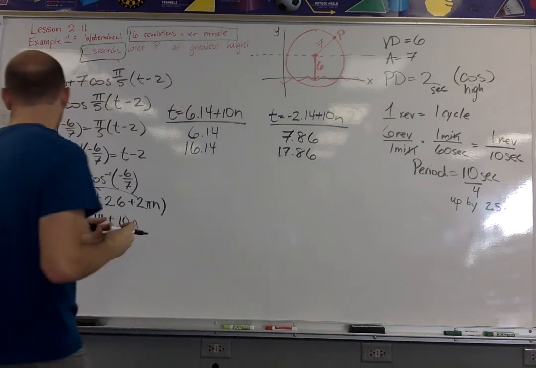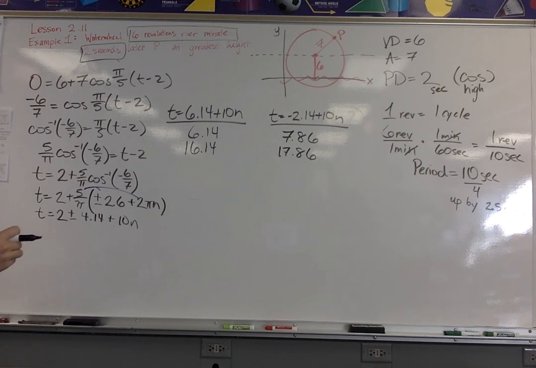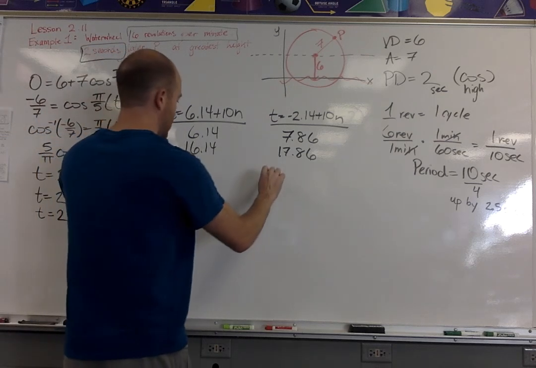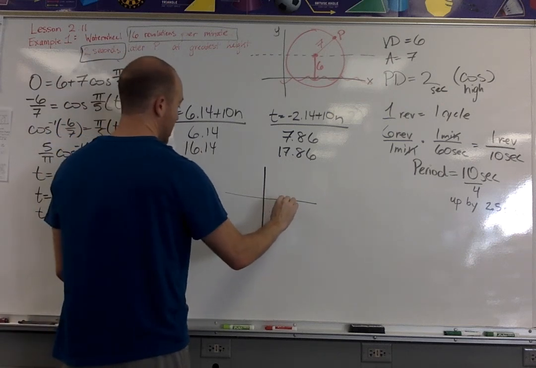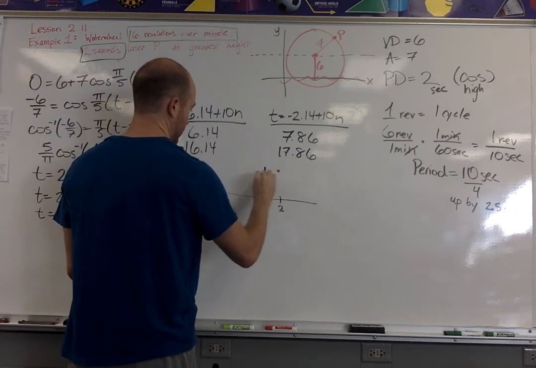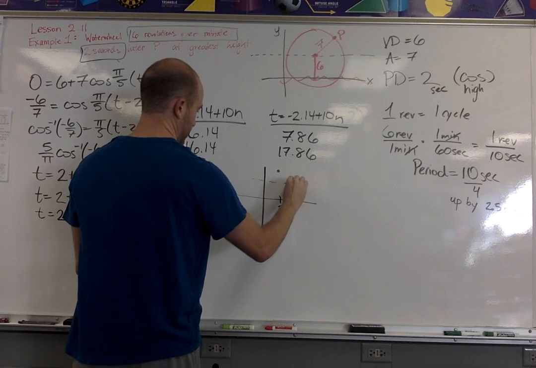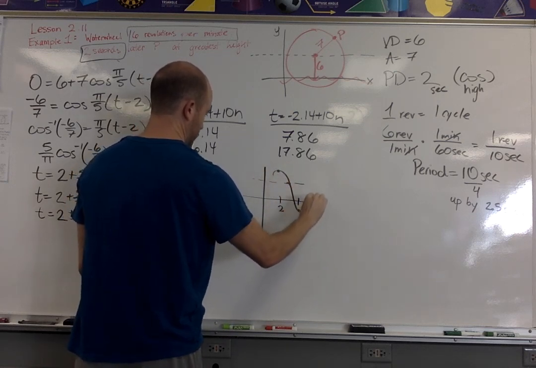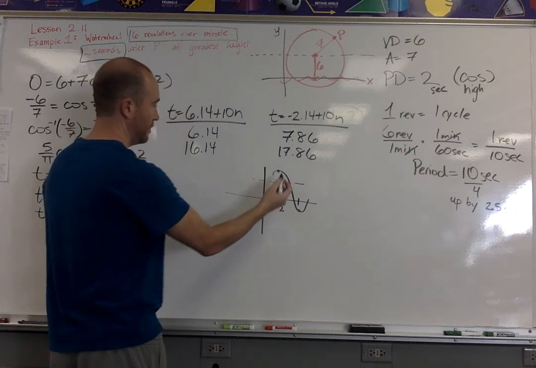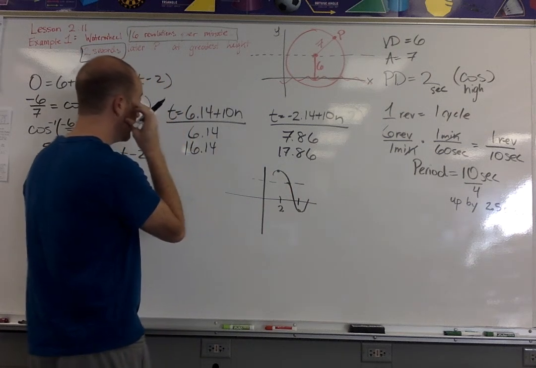And the question asked us, when is the first time the point emerges from the water? So we want to go back and look at our graph, which I just erased. And we see that at time 2, it was at the high point. Time 2 was at the high point.